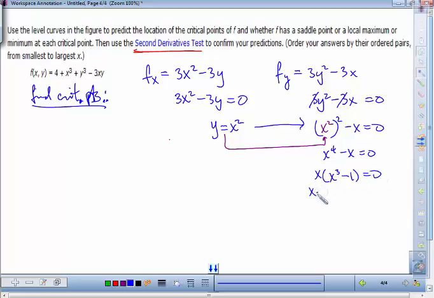So I got x is equal to 0, and x is equal to positive 1, I think. And you can't be negative because it wouldn't work. And you know there's two more solutions that are complex, right?